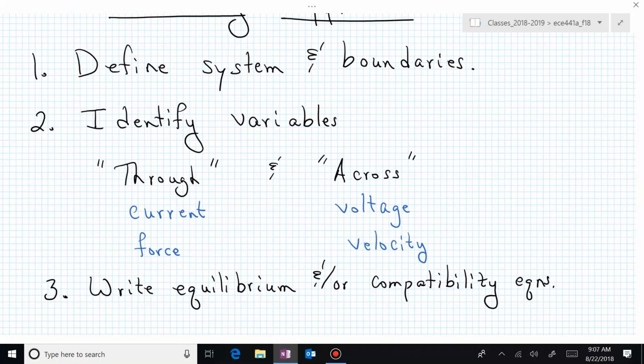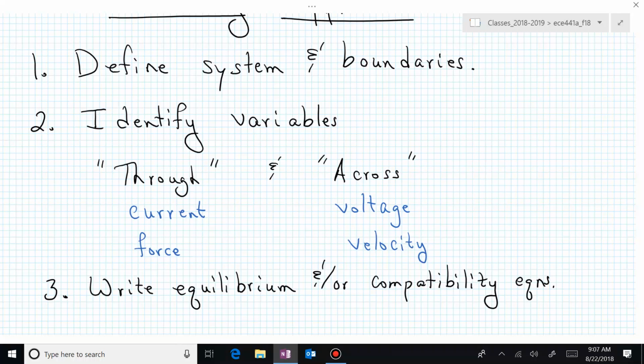What's of interest in an electrical circuit? The energy storage devices. And what are those? In this environment, we're doing RLC circuits, circuits that have resistors, inductors, and capacitors. Which of those elements store energy?